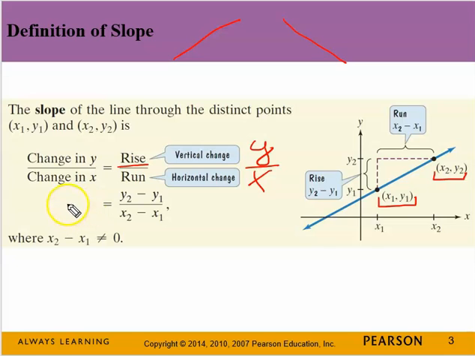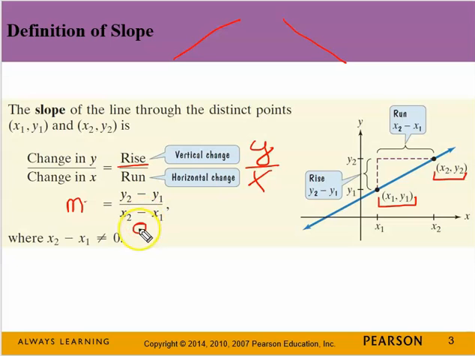The formula for slope, and we usually use the letter m for it, equals y sub 2 minus y sub 1 over x sub 2 minus x sub 1. Now remember, you can't have a denominator that is 0.